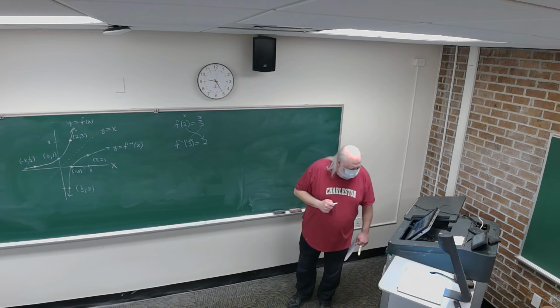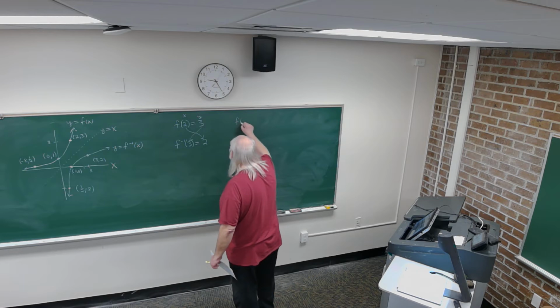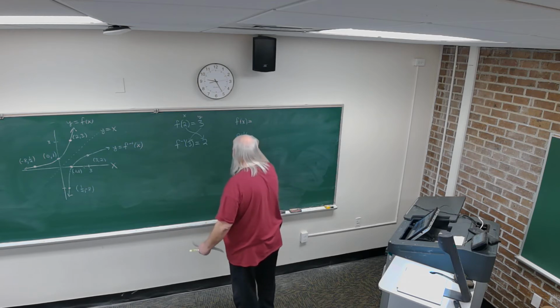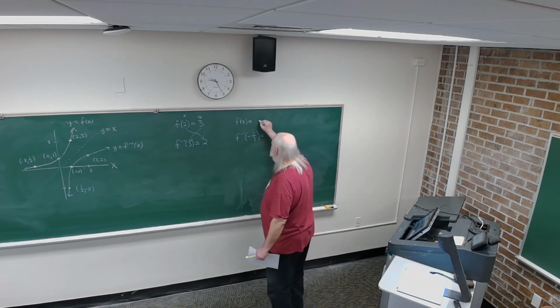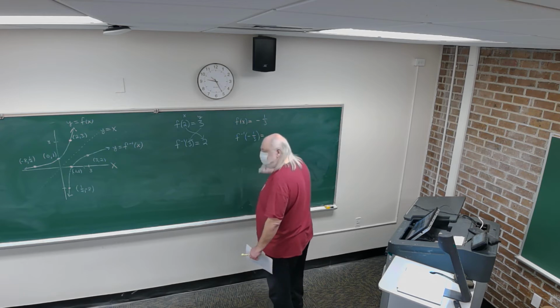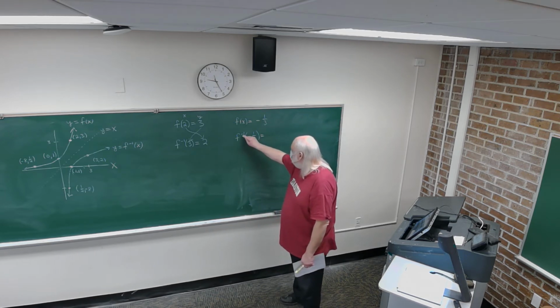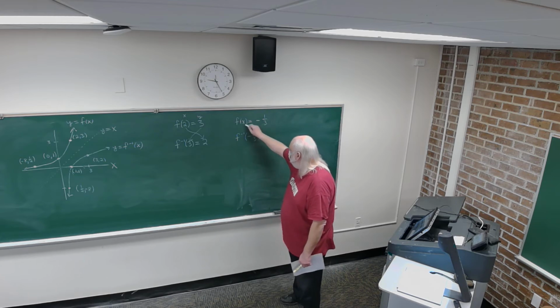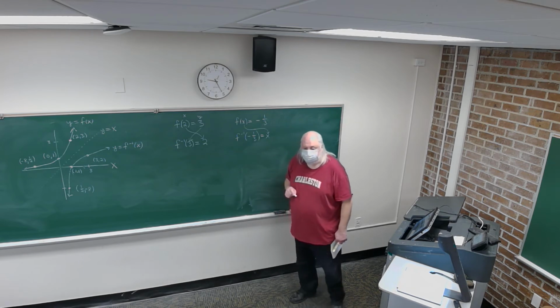And so we have, for some value of x, f of x is equal to minus 1/3. And f inverse of minus 1/3 then has to be equal to whatever that value of x is.